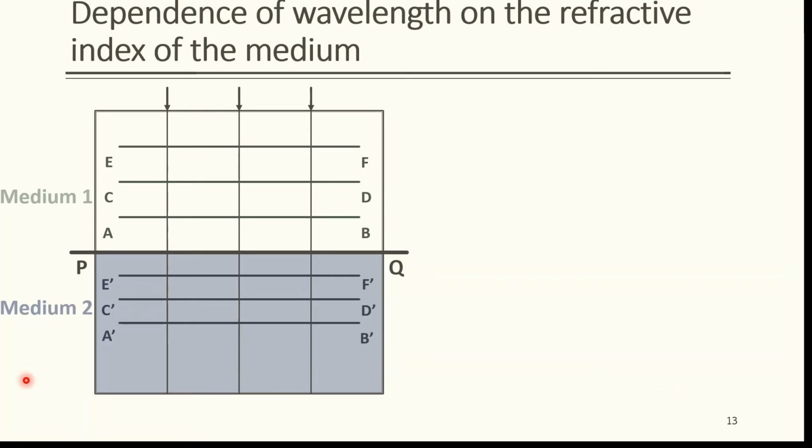So when the wave travels from rarer medium to denser medium, its wavelength decreases. The refractive index of the rarer medium is less than the refractive index of denser medium.